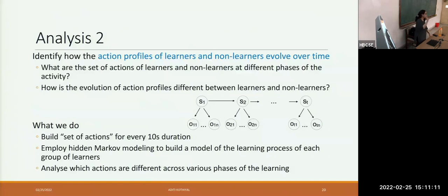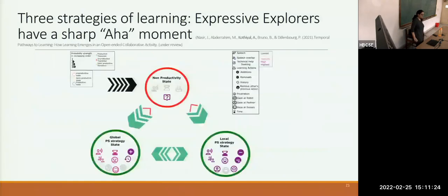The algorithm comes up with the features of each of these 3 states, and what it comes up with is the nature of the actions in each of these states. So I'll give you an example of what happens. For the expressive explorers, there are the 3 states.